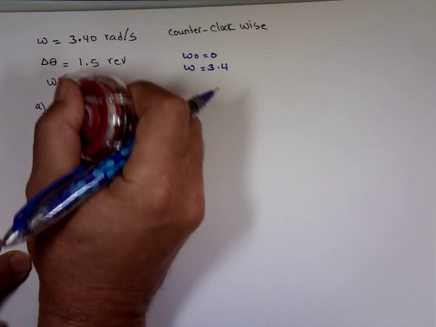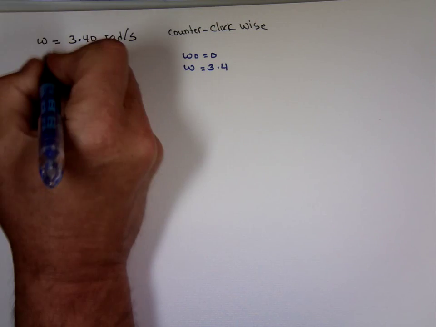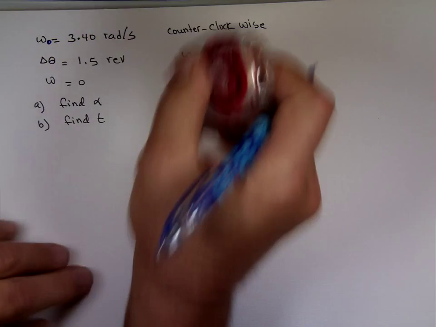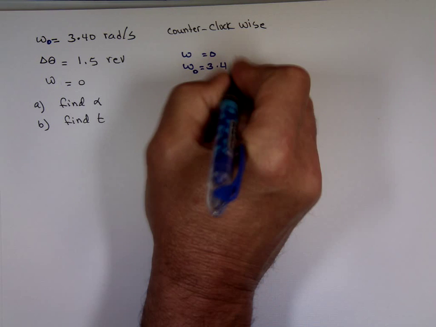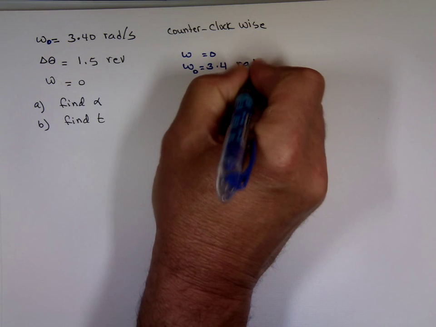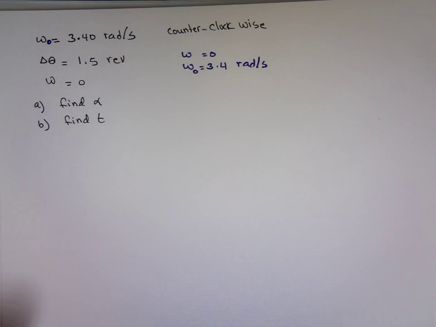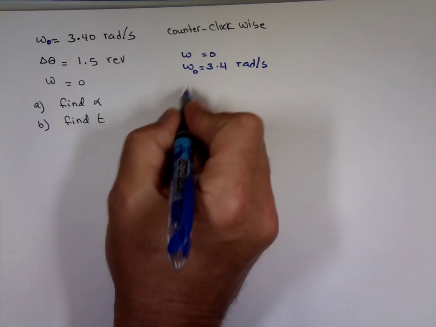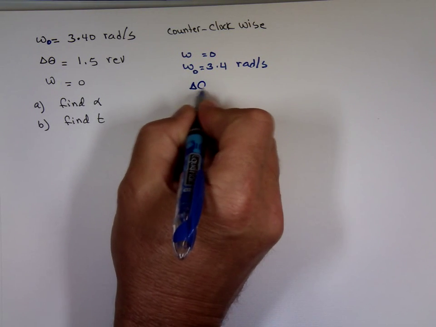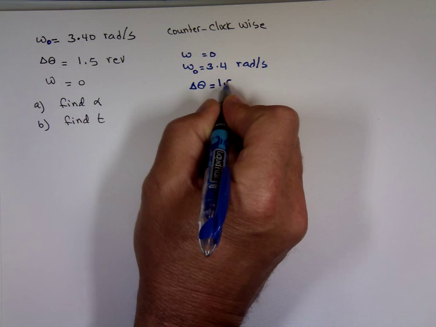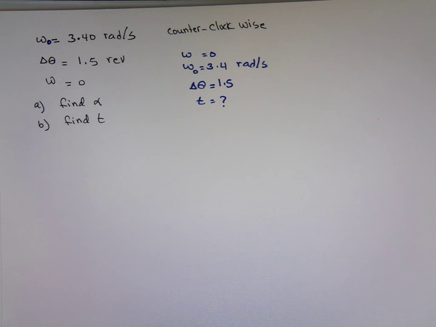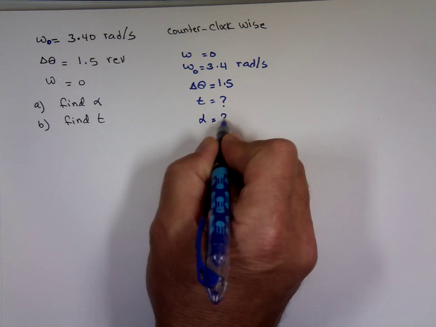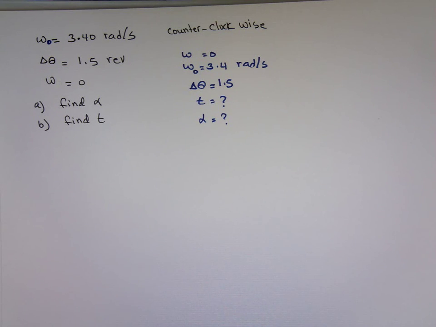I spun it initially with that number, and final velocity stops. We know delta theta. Now I'm looking for the time. And I'm looking for alpha. You decide which one you want to do first.